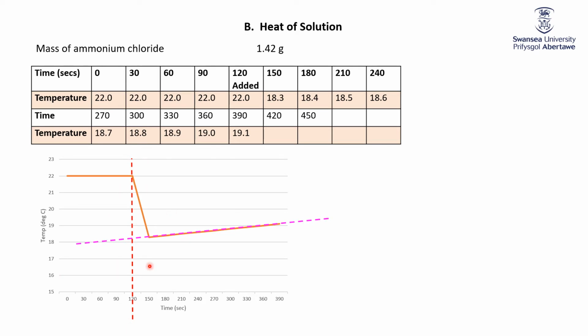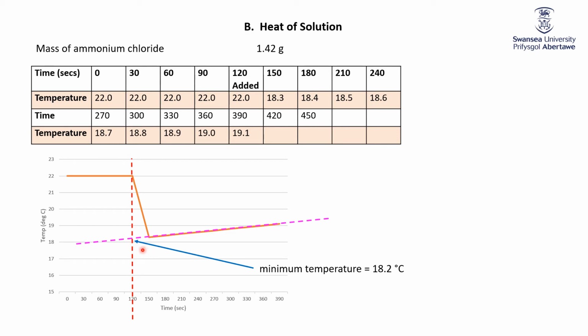So, a vertical line where you added it, and a line of best fit through the warming up process after you added it. Where the two lines intersect is a pretty good estimate of what that minimum temperature would have been if you'd added the stuff and perfectly mixed it all together. In this case we read it off this graph. Can't see it too well because it's just a little Excel thing, but that minimum temperature is 18.2 degrees Celsius.